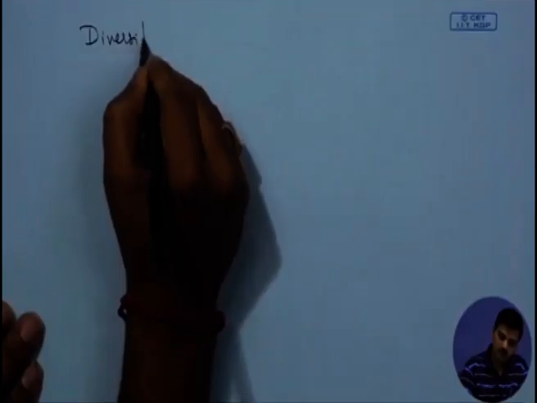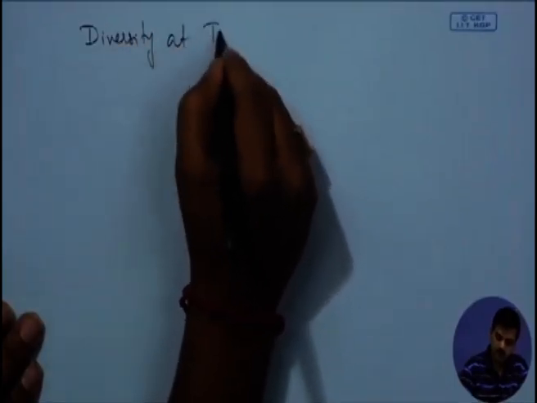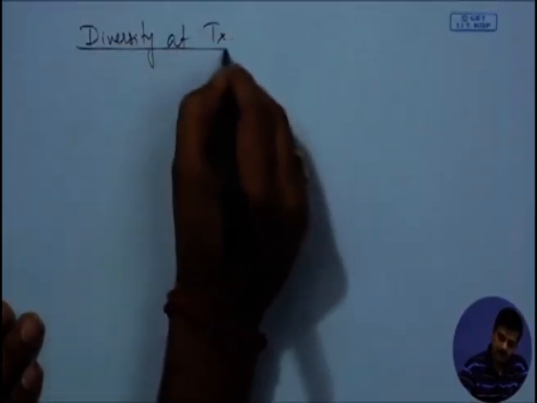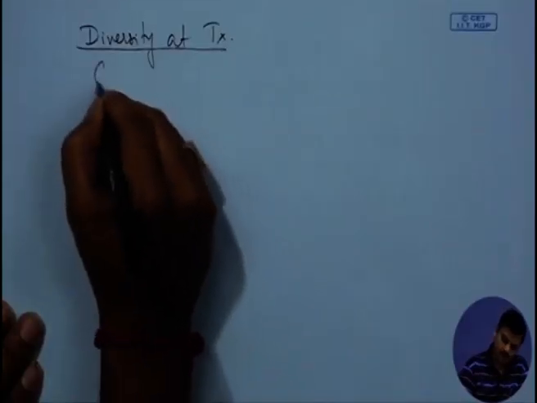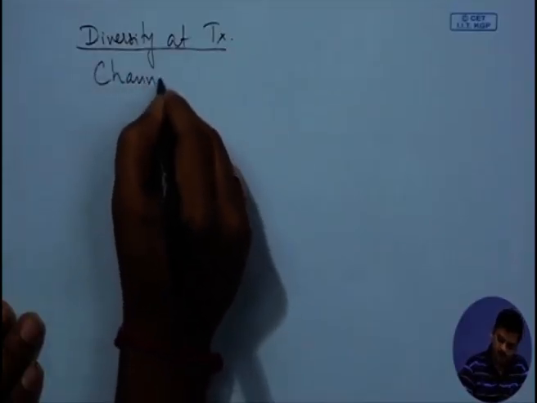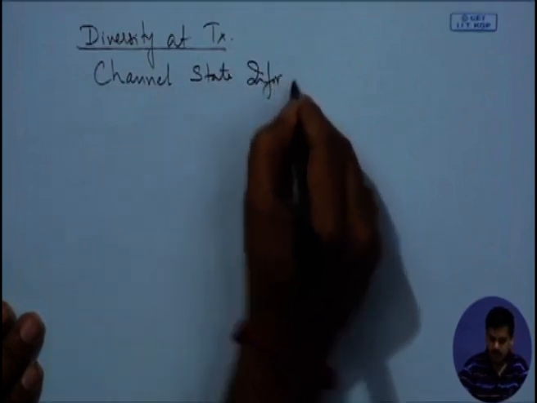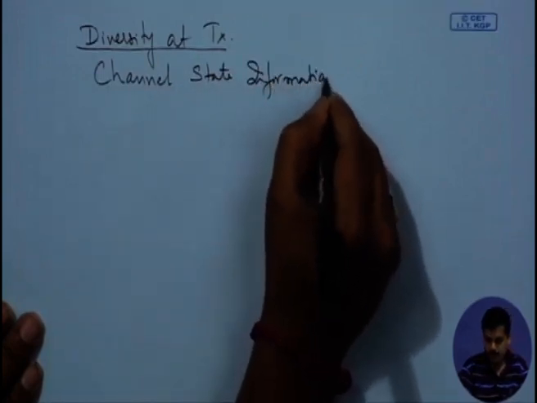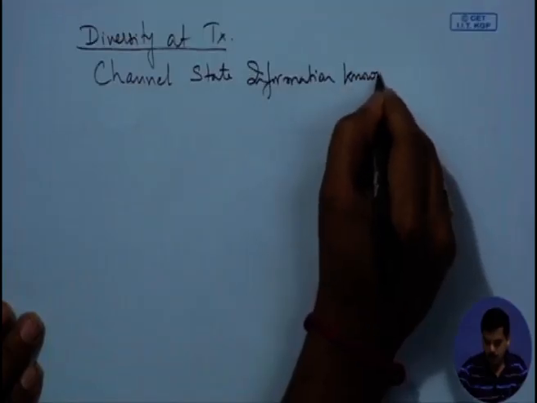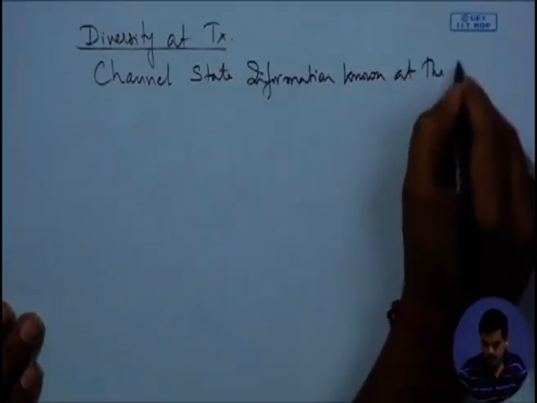So, when we look at transmitter diversity, we will be focusing on channel state information known at the TX.